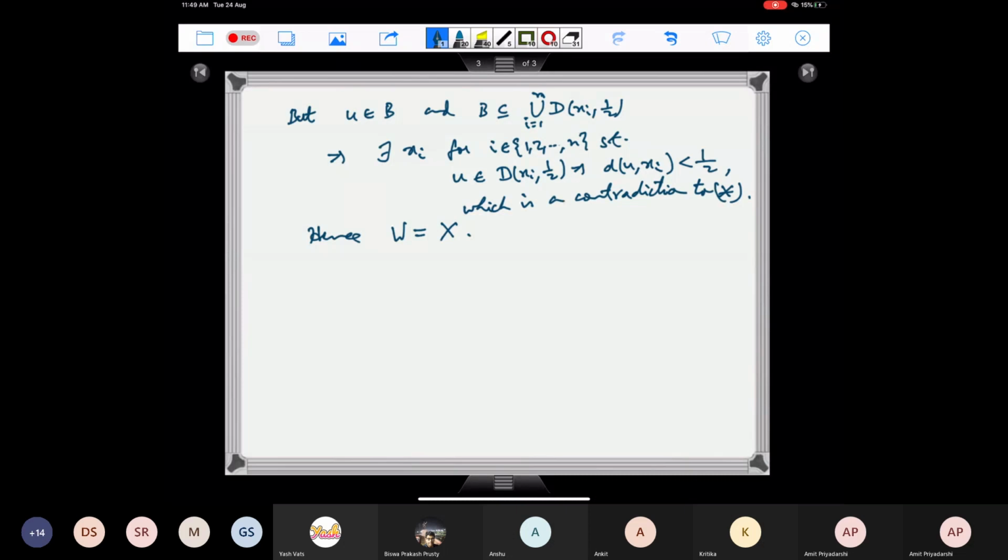Then the distance between any two of these, ei and ej, is a fixed constant. For l2 space, it will be root 2. For lp space, it will be 2 to the power 1 by p, so you get a constant.